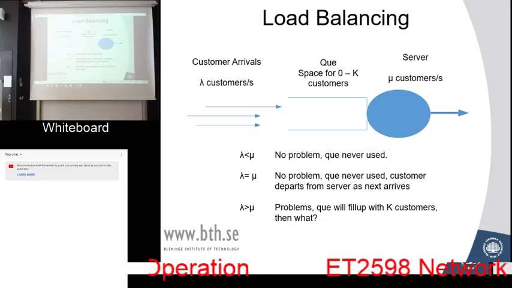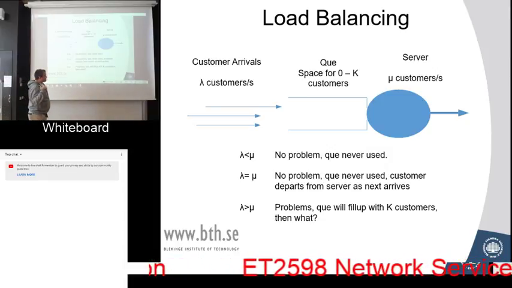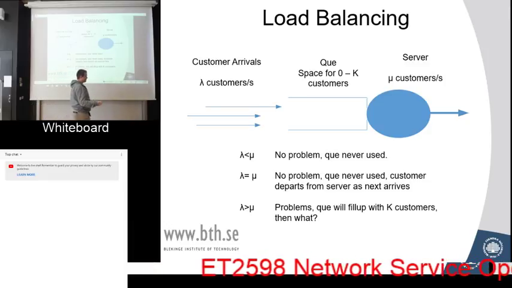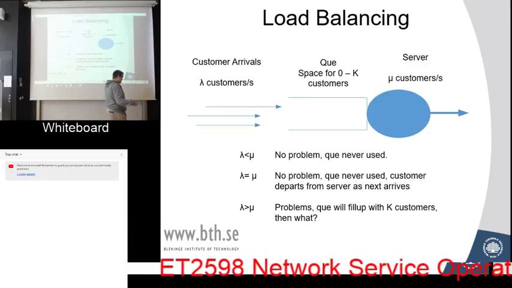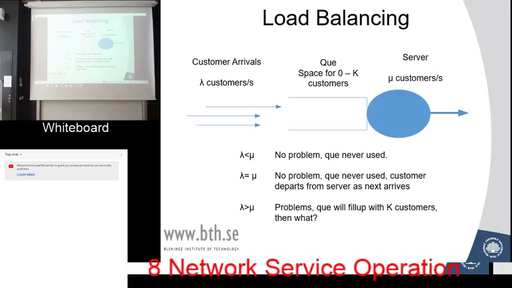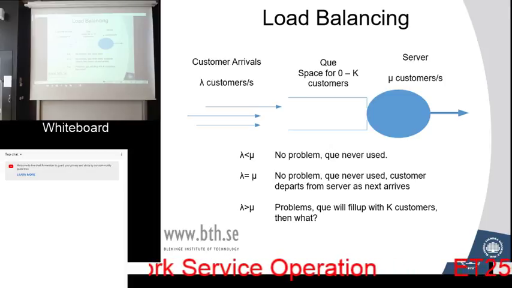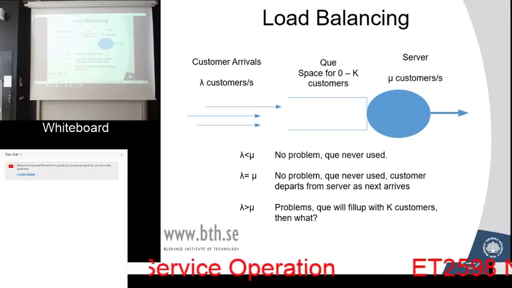In the case that we have a server that handles, put a number here, 10 customers per second. If we have customers arriving at 5 customers per second, that's not a problem.